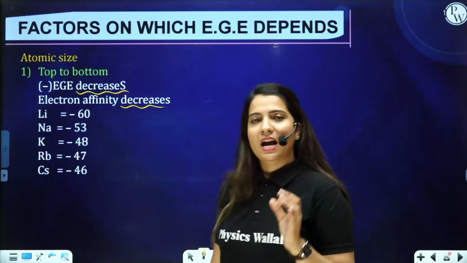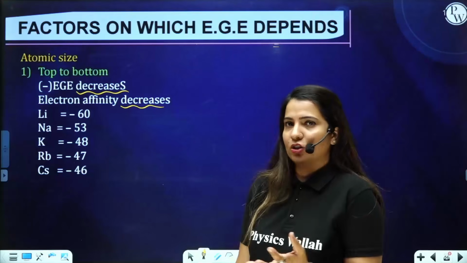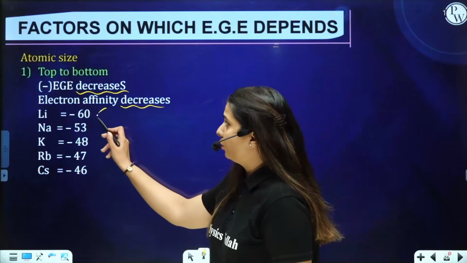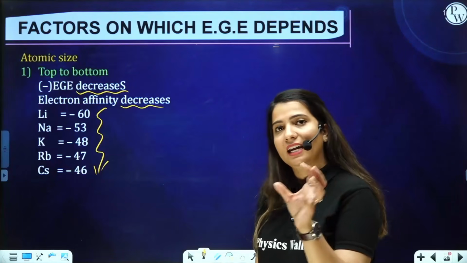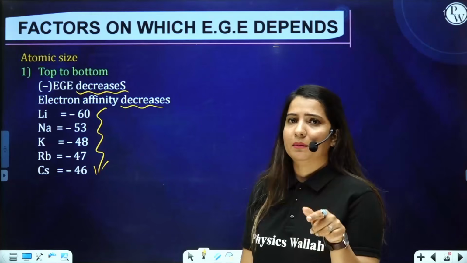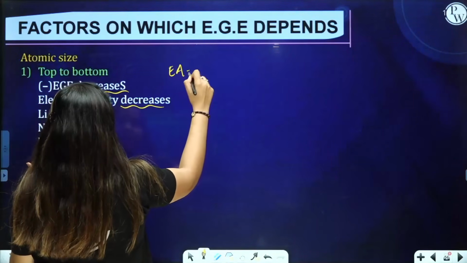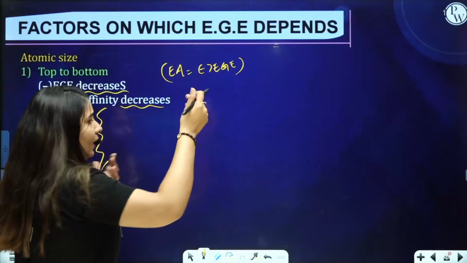Highest magnitude means highest tendency to accept electrons, and if you have more tendency to accept electrons, that means your electron affinity is high. So when you are moving from top to bottom, your electron affinity decreases, and your negative electron gain enthalpy decreases. Whenever it is written negative electron gain enthalpy, that means electron affinity, because electron affinity is the negative of electron gain enthalpy, so they have equal meaning.